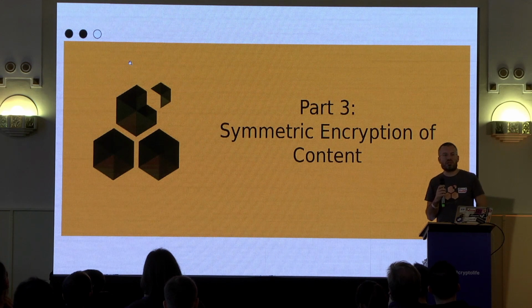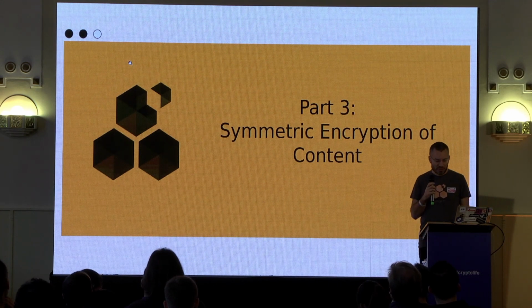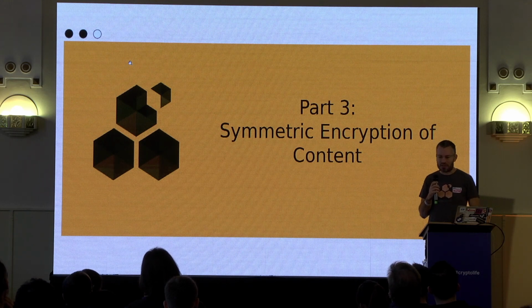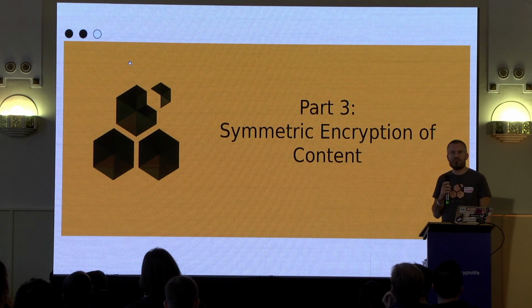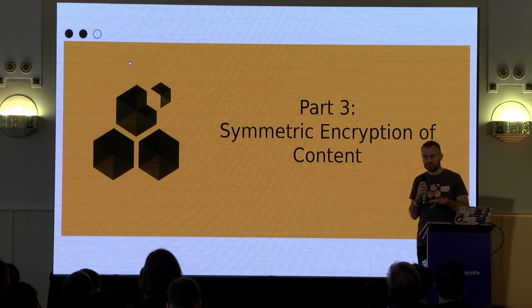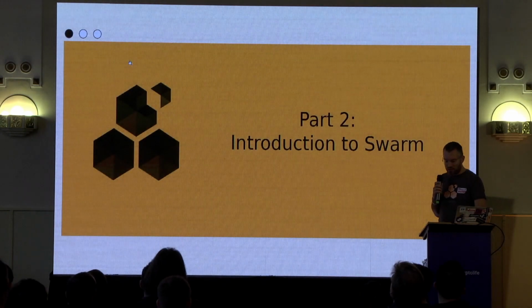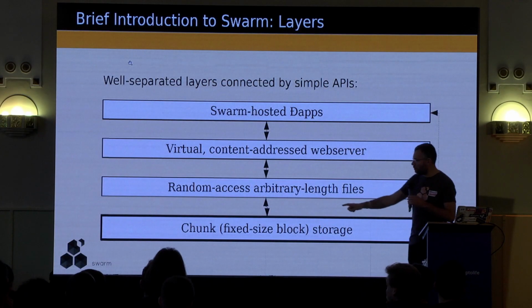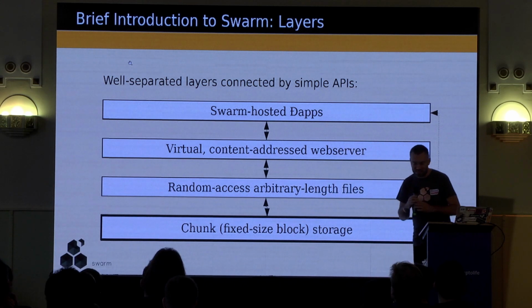So next I'm going to talk about how content is actually encrypted in Swarm. Very importantly, everything I will be talking about happens on the layer of chunks, so that's the bottom layer, which means that essentially Swarm encryption injects a new layer here. So that's why you have this little curvy in that thing.